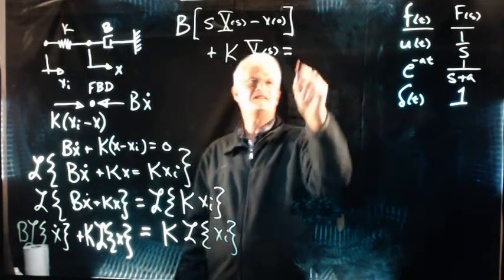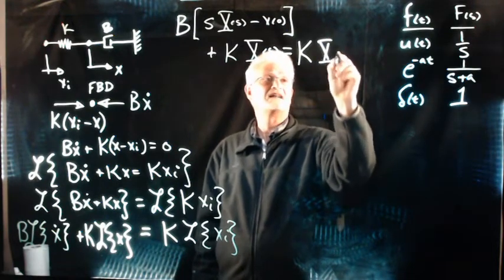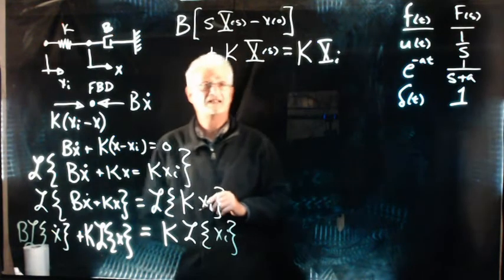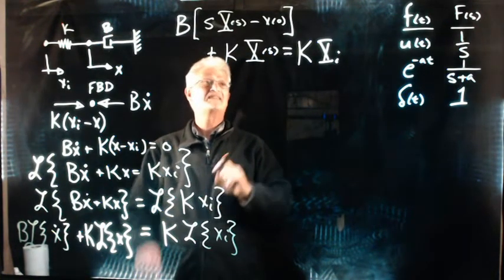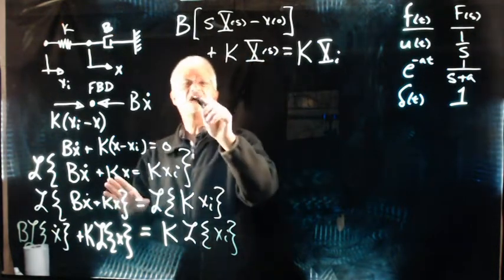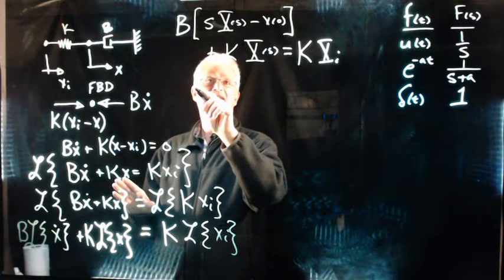And then this is just going to be easily enough. This is just k times xi. So here's my Laplace transform of my equation. I can break this into pieces. I can algebraically arrange this in a way that is maybe better for me.